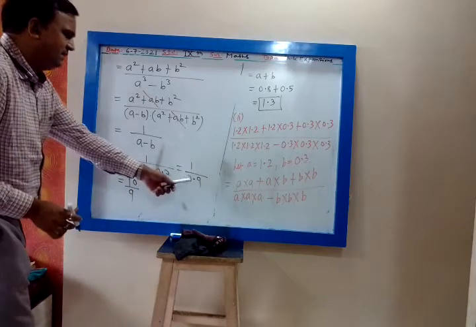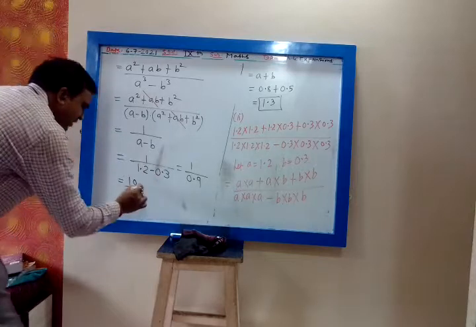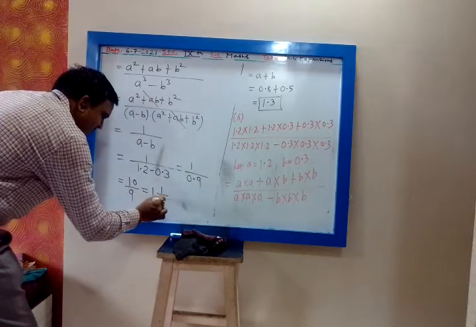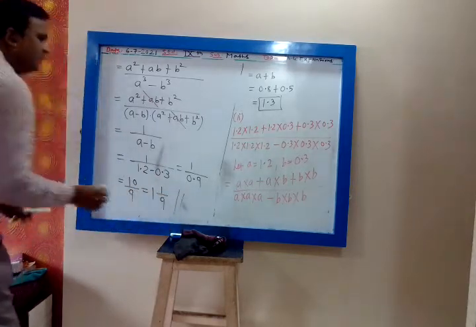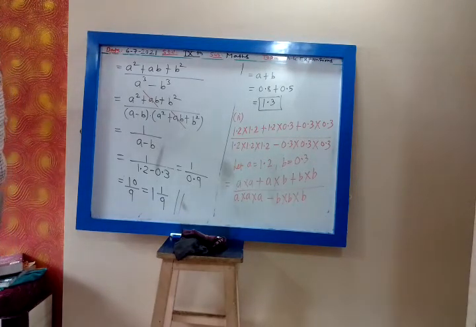When I remove the decimal, one zero will be added. 10 upon 9 you can write as 1 and 1 upon 9, or 1 upon 0.9. You can stop there.